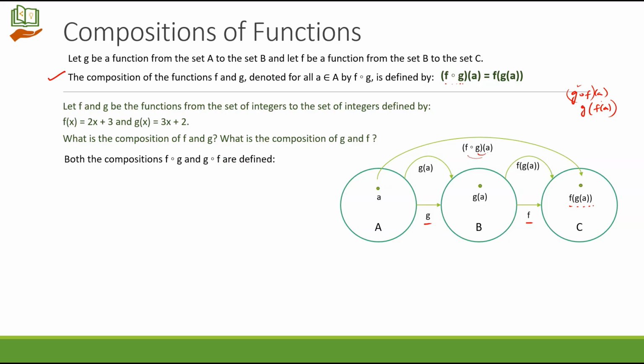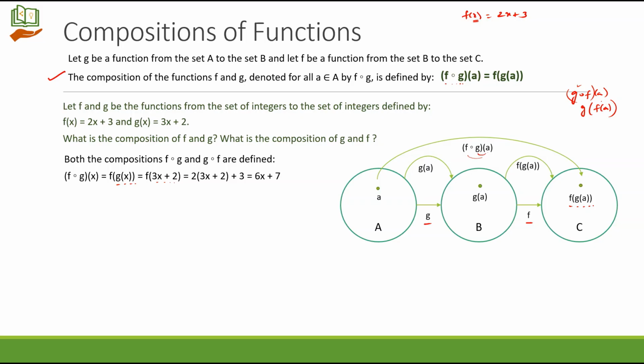Both the compositions are defined. f composite g of x is given by f of g of x. What is g of x? 3x plus 2 is g of x. Now we have to apply this particular value in place of x in f of x. What is f of x? It is 2x plus 3.